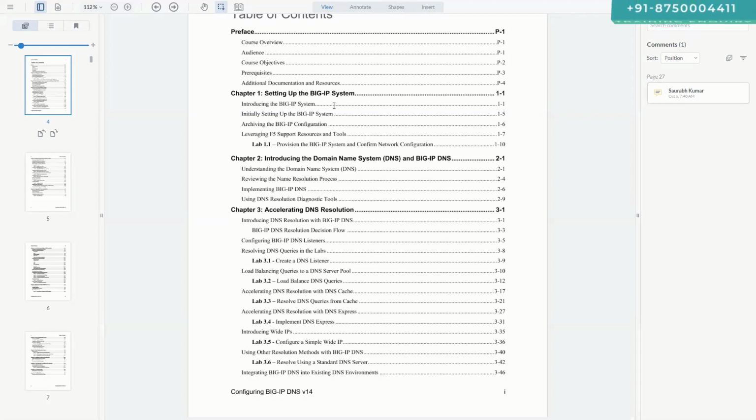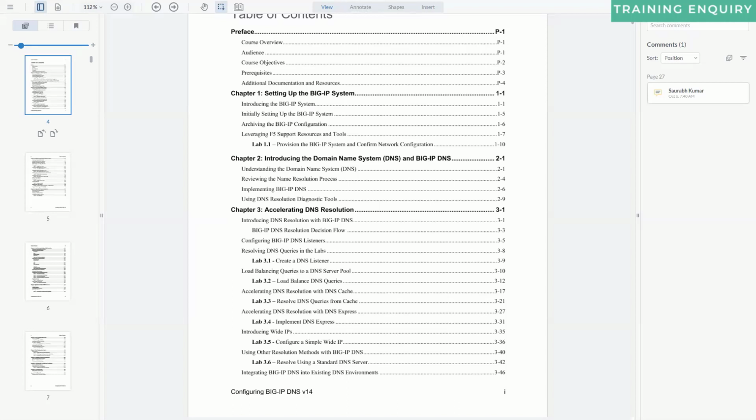The TMOS operating system is also going to be the same as before, and even making basic configurations such as creating VLANs, allocating IP addresses, creating EtherChannel, adding routes, taking backups, restoring the backup. All those things that you learned before are also going to be the same here in BIG-IP DNS.